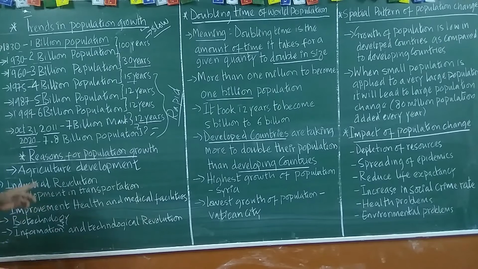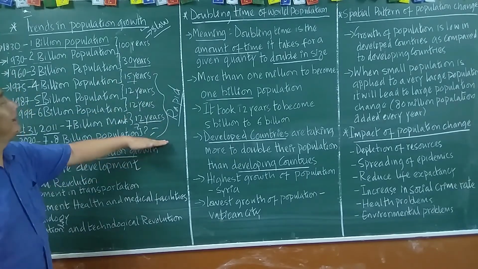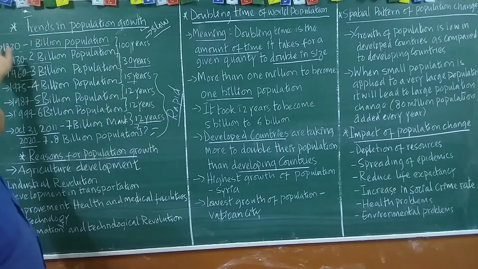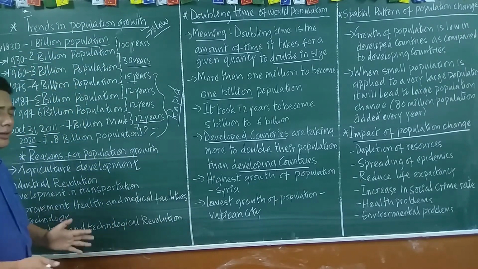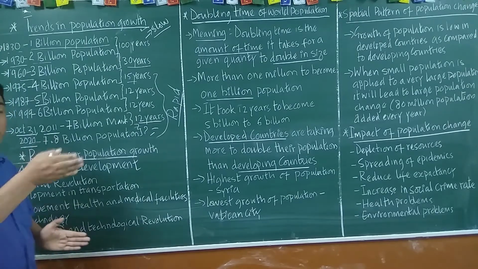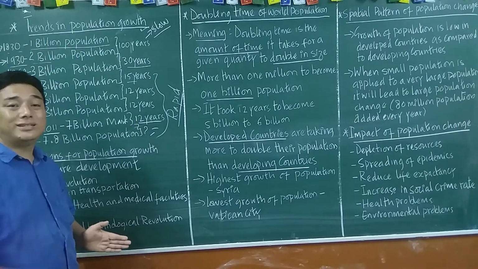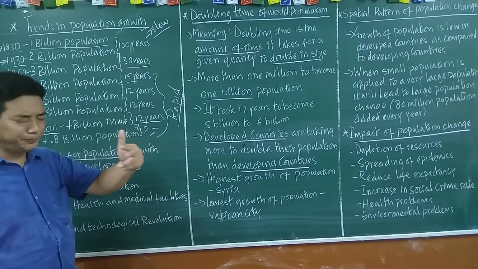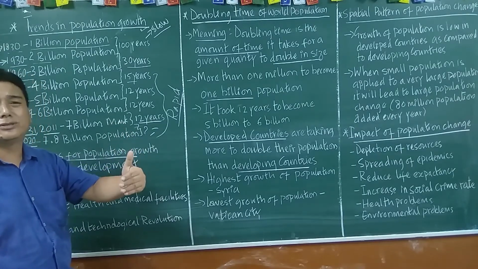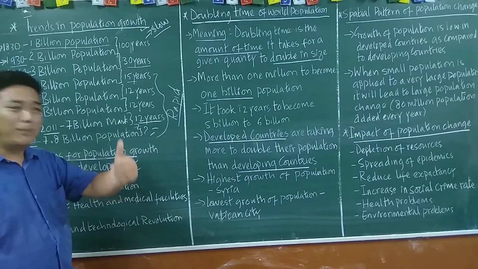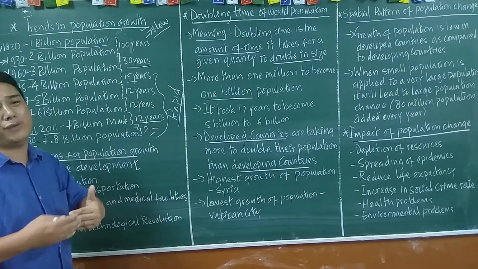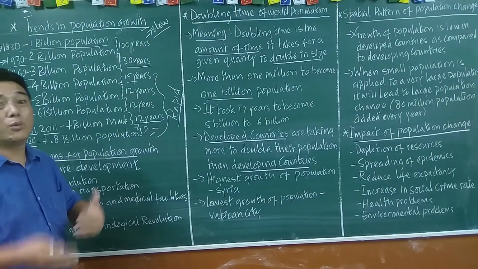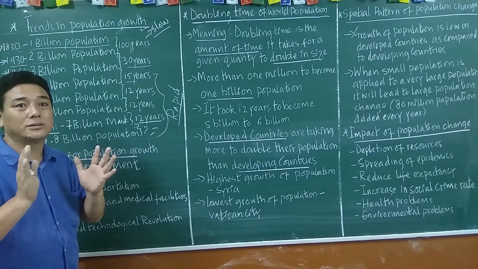Why is the population increasing rapidly? Before 1800, in the first century and then the second century, and from 10,000 BC, the population was increasing, but the increase in the population was very little. What could be the reason for that?